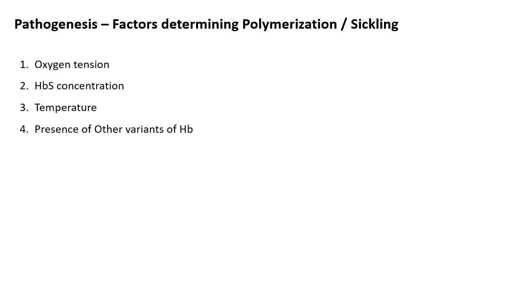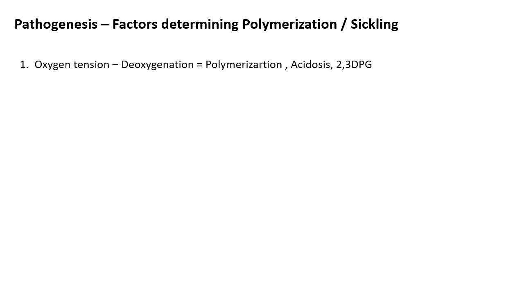Now this is an important slide, because the entire management depends on how to prevent polymerization and sickling. So if these all factors are kept in control, the polymerization and sickling would be lesser. Only deoxygenated condition will produce sickling.